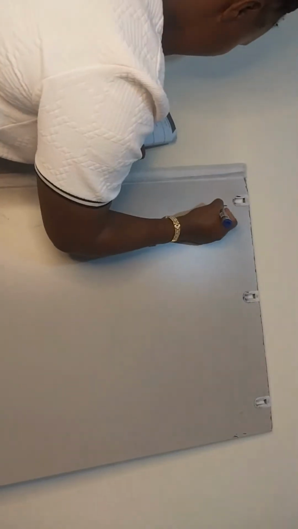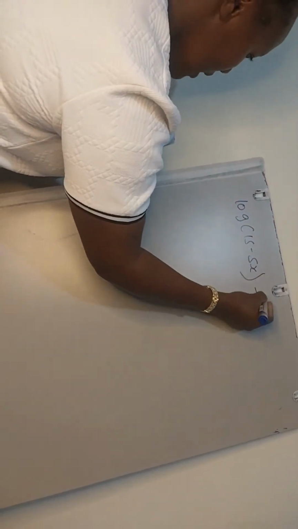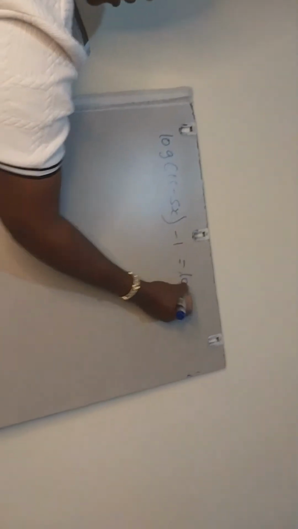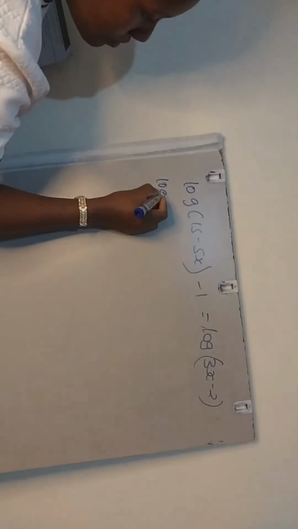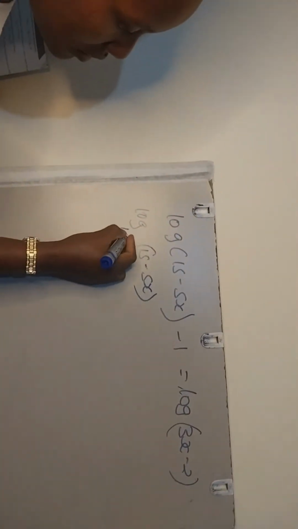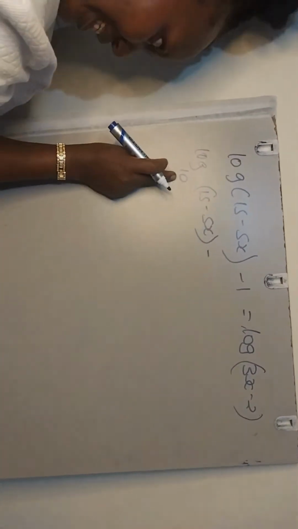Let us see. The question says log of 15 minus 5x, minus 1, gives us log of 3x minus 2. I said a log without a base is the log to base 10. So this becomes log 15 minus 5x to base 10, minus 1 picks this base.